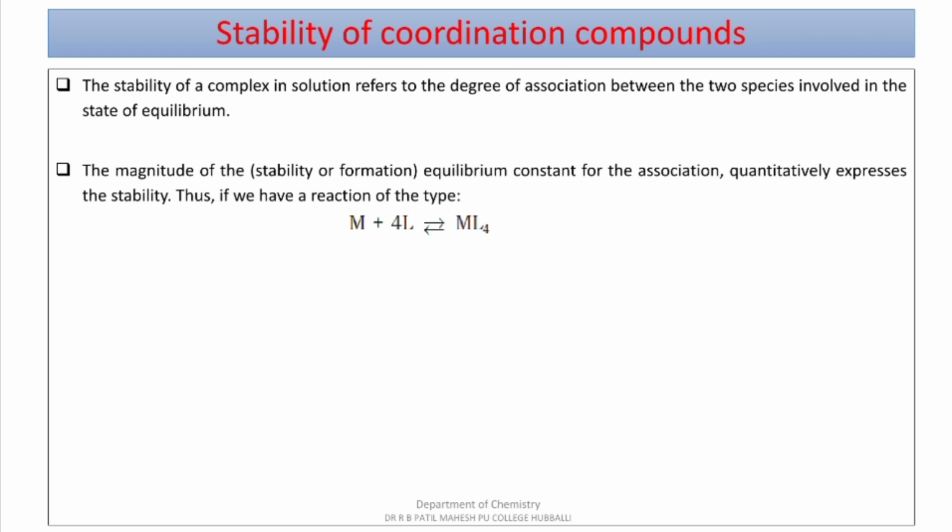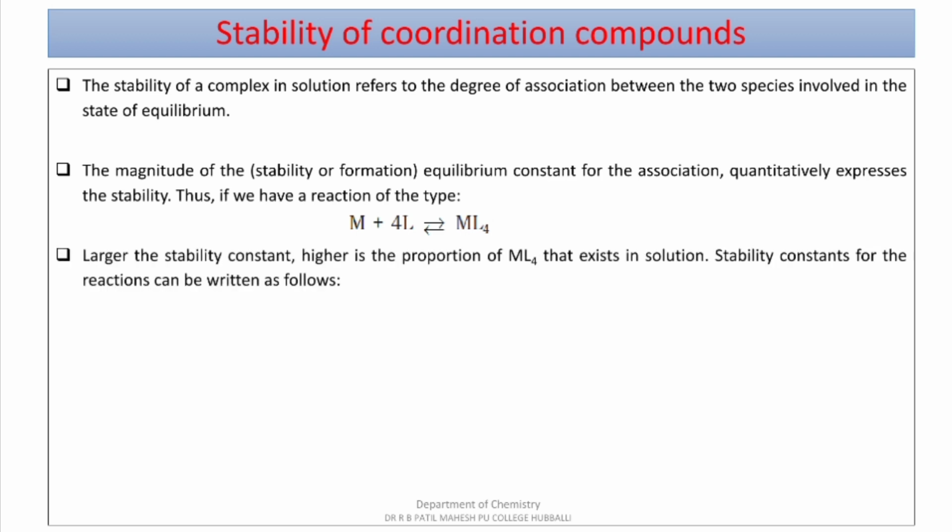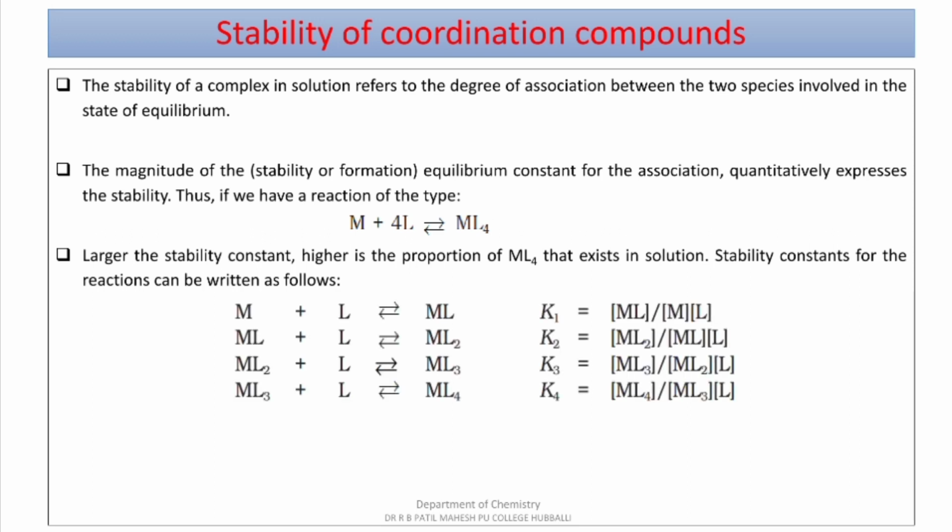That is, the reaction between metal and 4 ligands leads to the formation of ML4 type, where the larger the stability constant, the higher is the proportion of ML4 formation that exists in the solution. The stability constant for the reaction can be written as follows: one metal combines with one ligand to form ML.